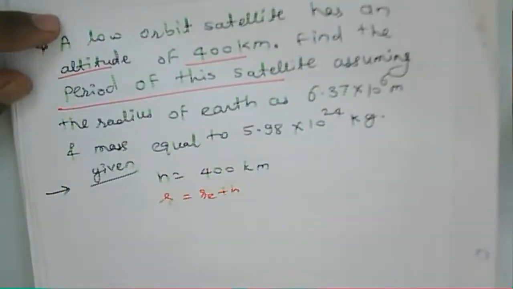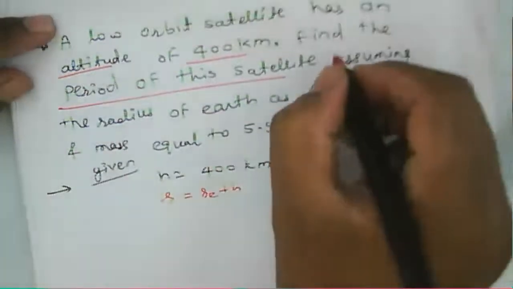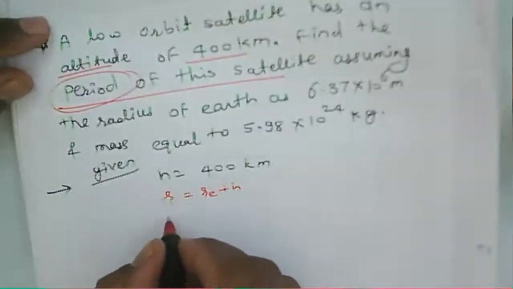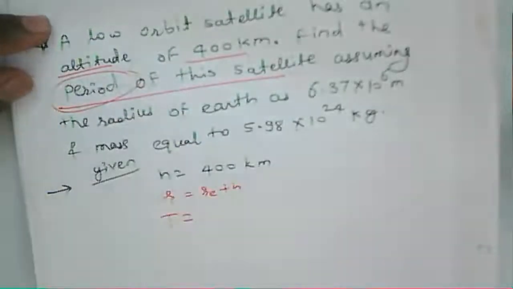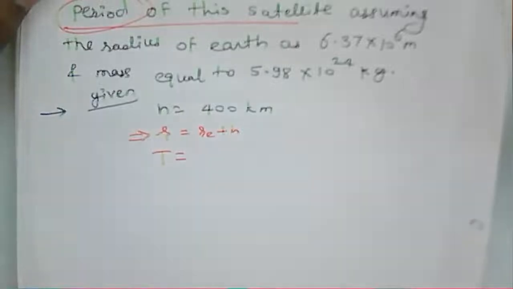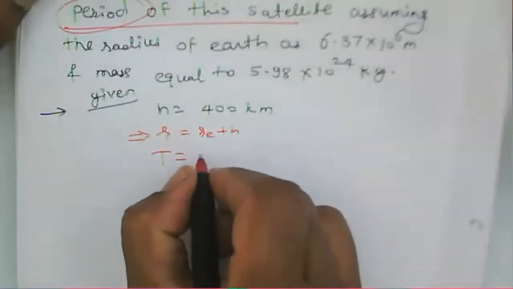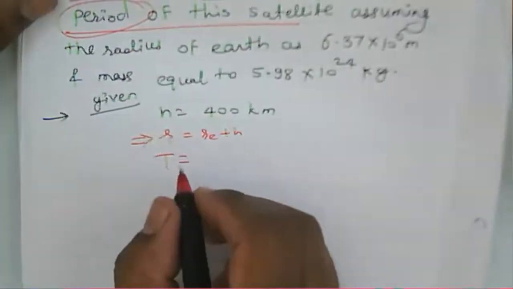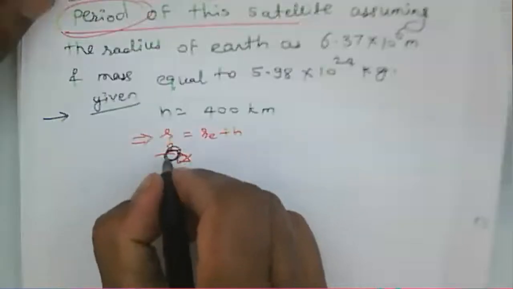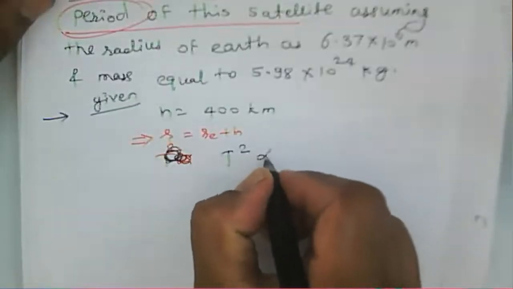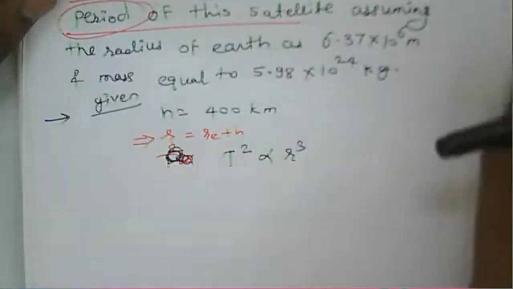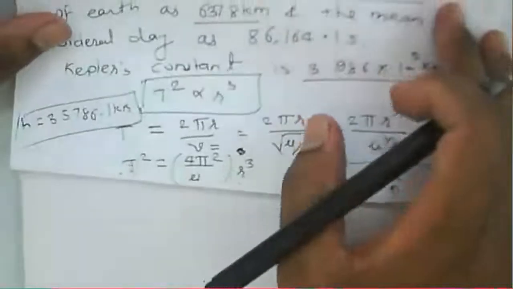We need to find the period of the satellite T here, and the radius of the orbit is r equal to Re plus H. So T is equal to what? As we said earlier, this is Kepler's third law: T squared is directly proportional to r cubed.